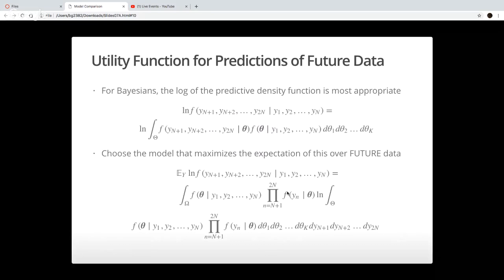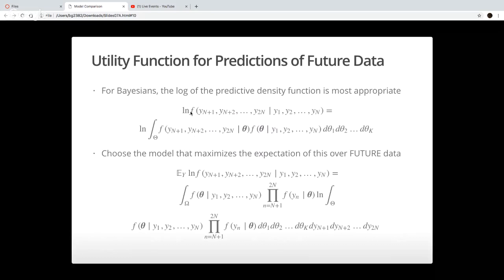We want highly concentrated distributions on what the future outcomes really turn out to be. And so you have the logarithm of this predicted density, and you can take the expectation of that logarithm of the predicted density and choose the model that maximizes expected utility.